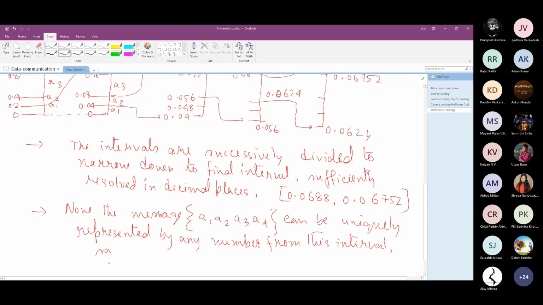Say for convenience, we take up to 3 decimal places.